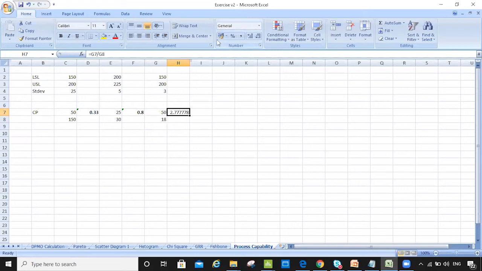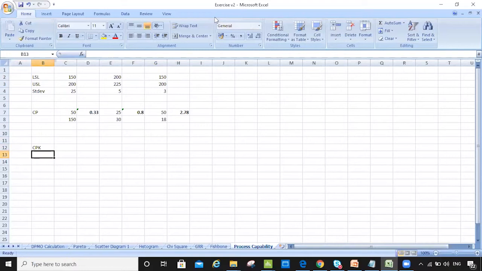This is pretty good, this is awesome. This is a perfect example of the CP that we have. It is greater than 1, which is 2.777. With this particular design, where my lower specification is 150, upper specification is 200, and my standard deviation is just 3, my CP comes to be 2.78. So that's perfect.